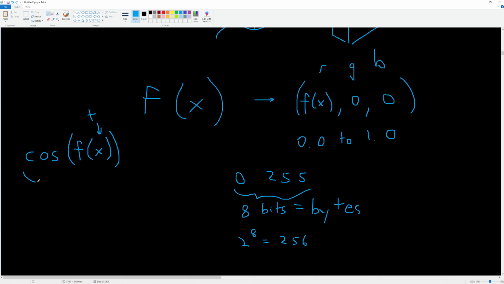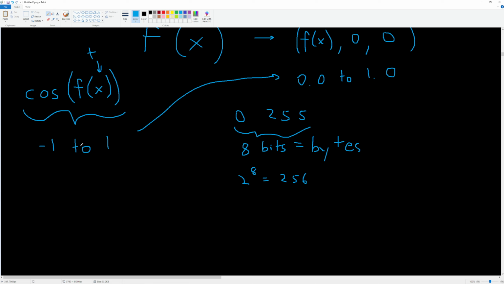But now that I've done this, I know that the output is restricted from -1 to 1, and that's extremely useful. Now I've restricted this output. Now I'd actually like to get it to be from 0 to 1 for this color example. Sometimes I'll leave it as is, pop that in, but I know I'm only getting half of the information, potentially. So if you want this to vary from 0 to 1 instead, first I multiply this by 2, put a 2 here, now it'll go from -2 to 2.